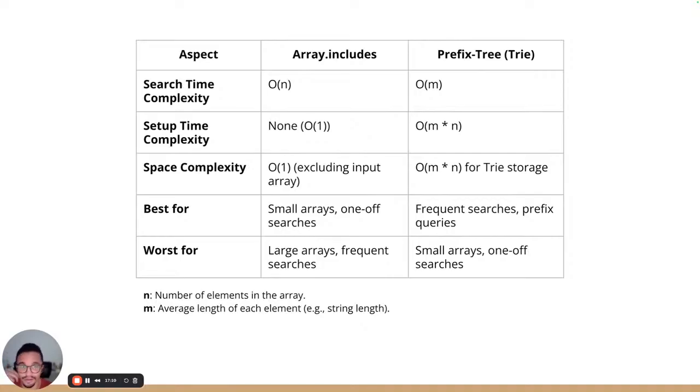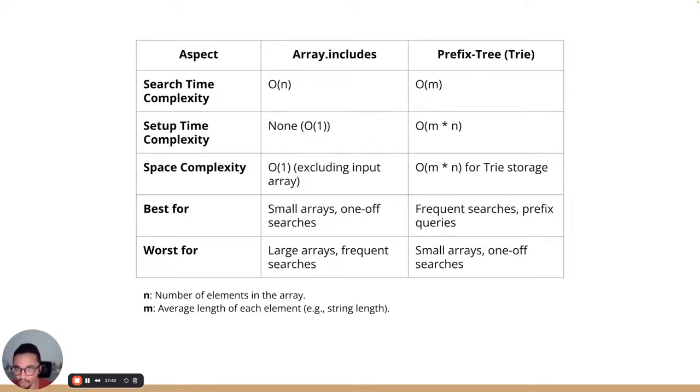The prefix tree, the trie, is O(M multiplied by N), because we need to insert each word, multiplied by the length of the array, and each word takes a time complexity according to the length of this word.